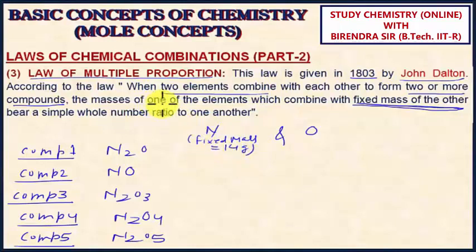Then it says find the mass of oxygen which combines with 14 gram nitrogen to form N2O, mass of oxygen that combines with 14 grams of nitrogen to form NO, mass of oxygen that combines with 14 gram nitrogen to form N2O3, mass of oxygen that combines with 14 gram of nitrogen to form N2O4, mass of oxygen that combines with 14 gram nitrogen to form N2O5.